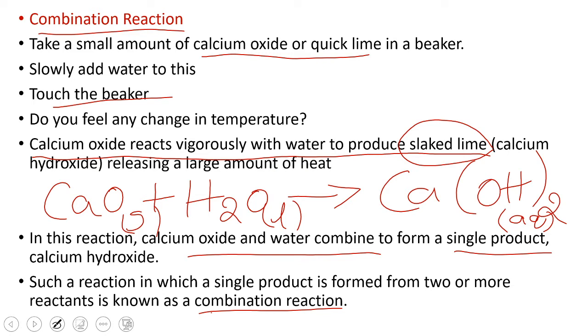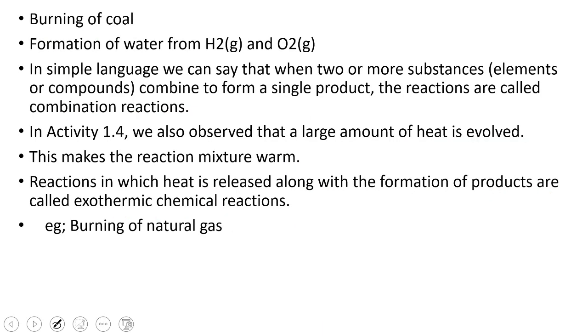So the definition of combination reaction: two or more substances combine, that means two or more reactants combine and result in the formation of a single product. Such reactions are known as combination reactions.